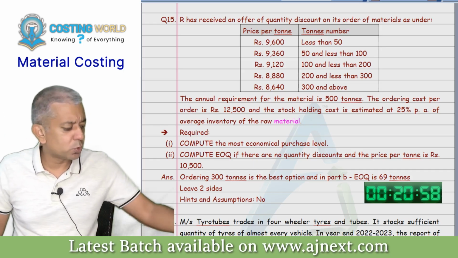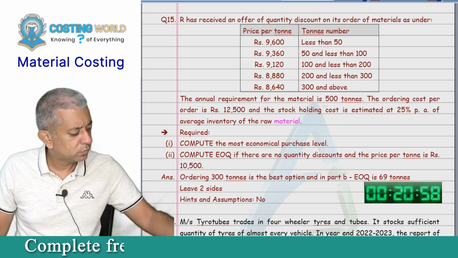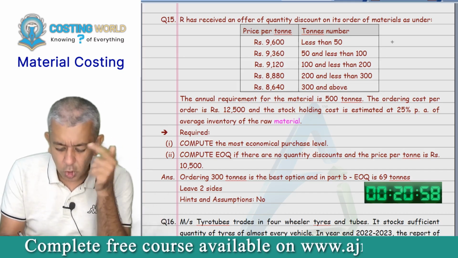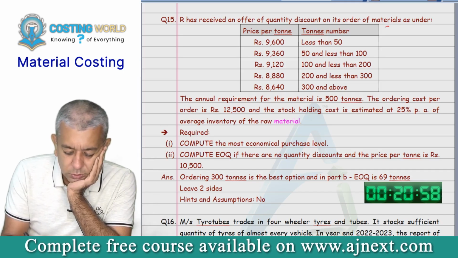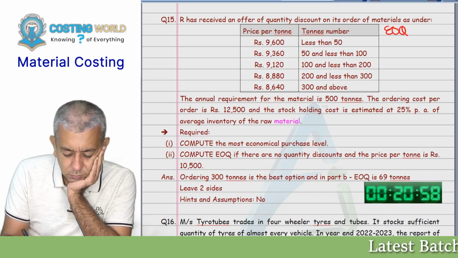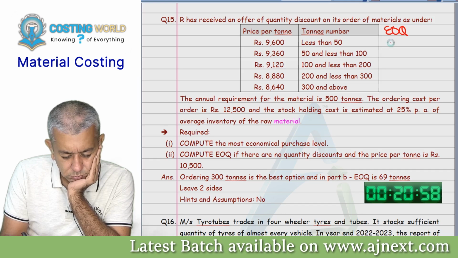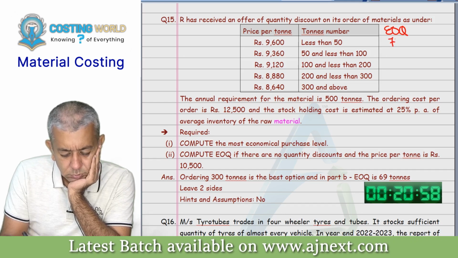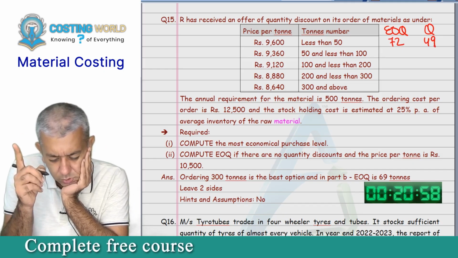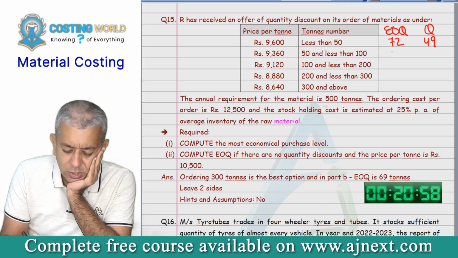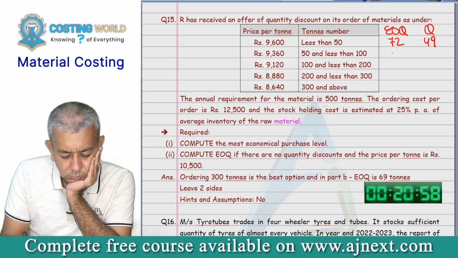Beta, you all finished the question? Yes, sir. Okay, just tell me which options came. In the first one, your EOQ had come to how much? 72.16. Okay, but then you will be ordering 49, no? Yes, sir. Then in the next one? 73.08.